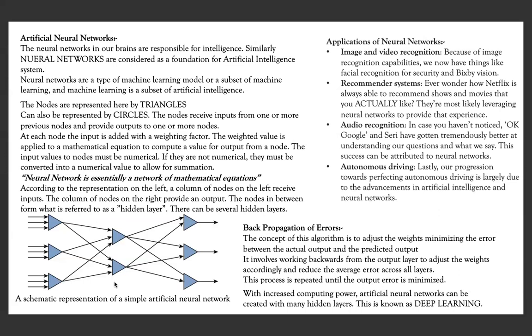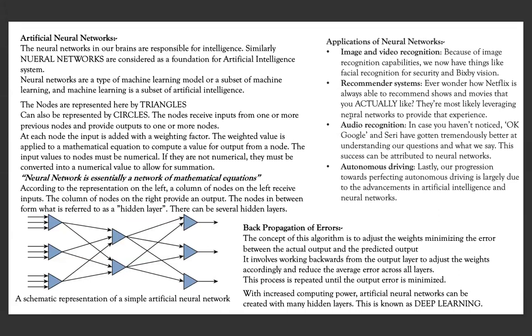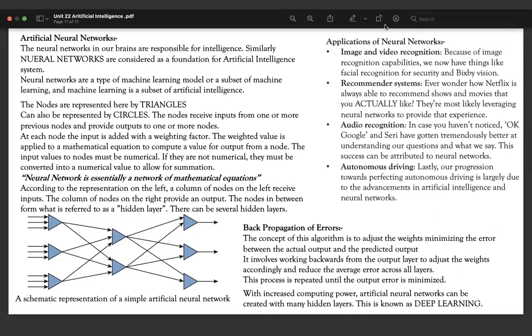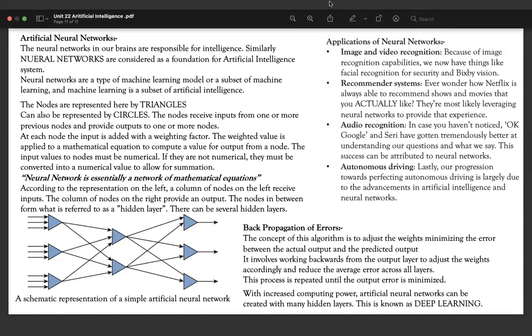But now computing power has increased, due to which I can carry out deep learning easily. So this is your basic coverage of the machine learning topic, and this also marks the end of our unit 22, artificial intelligence.